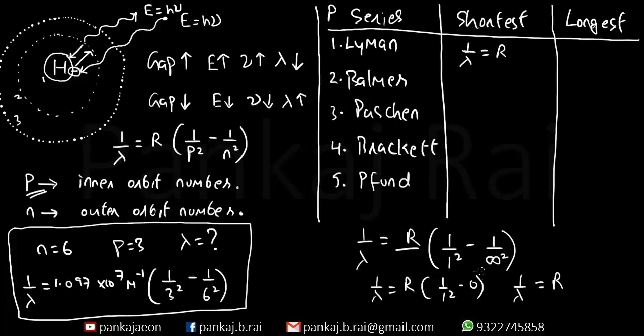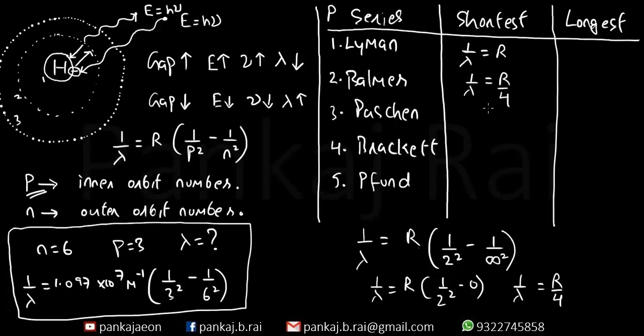The higher orbit will remain the same, but the inner orbit will be changed in case of the Balmer series, which is the second orbit, so it will be 1 by 2 square minus 1 by infinity square. So it will be 1 by 2 square minus 0, so 1 by lambda will be R by 4, as simple as that. So the shortest wavelength of Balmer series is given by the equation 1 by lambda is equal to R by 4.